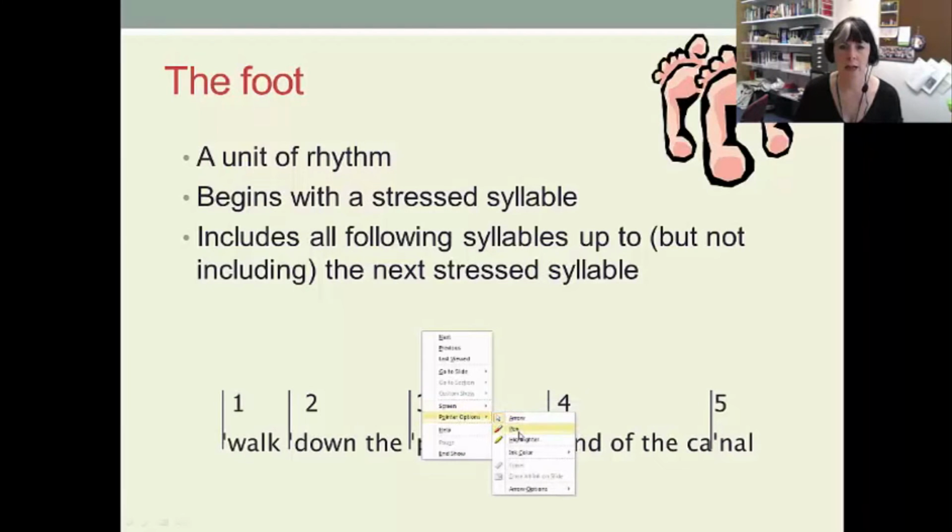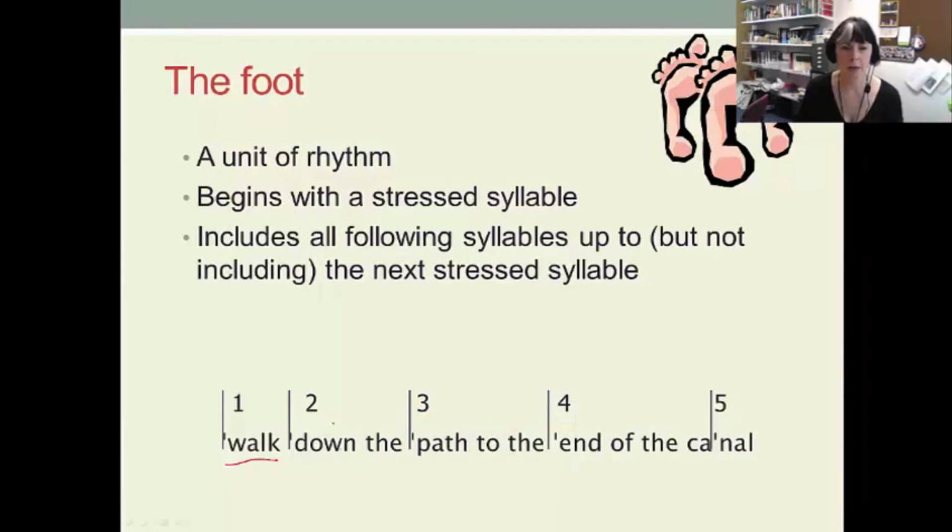So we've got our foot here, which is walk, and then the next foot is down, the next foot is path to, the next foot is end of the k, and the last foot is now.